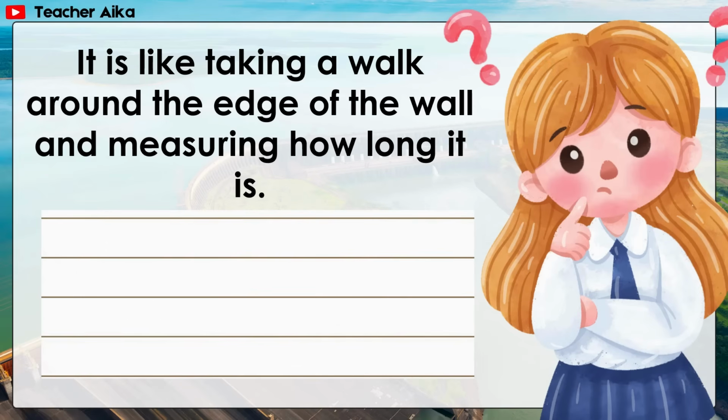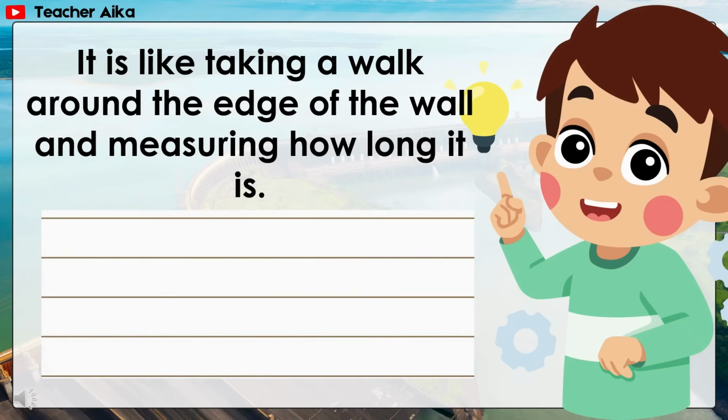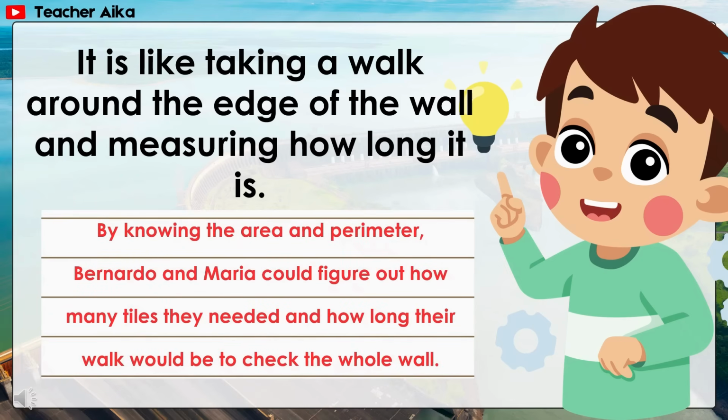It is like taking a walk around the edge of the wall and measuring how long it is. By knowing the area and perimeter, Bernardo and Maria could figure out how many tiles they needed and how long their walk would be to check the whole wall.